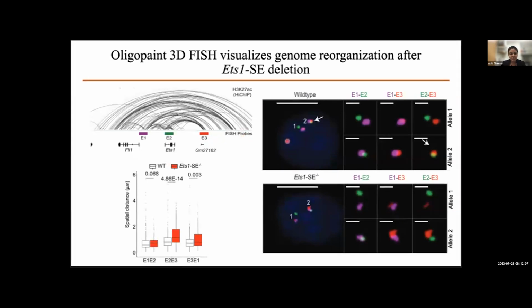Here we show an example of wild type and super-enhancer knockout cells where we see increased distance, thereby indicating loss of interaction between E2 and E3 probes, which is significantly higher in the knockouts compared to wild type, thus replicating that the loss of interaction that we saw in Hi-C was also reflected in single cells.